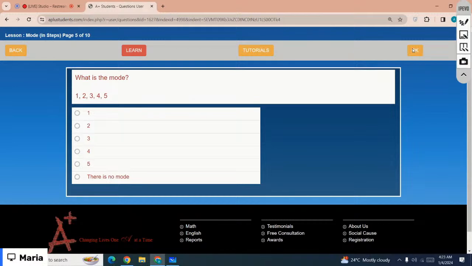There is no mod. Every number appears only once, right? So the correct option is there is no mod.